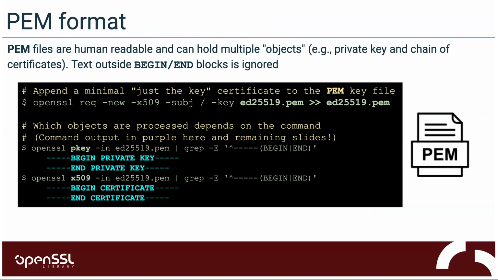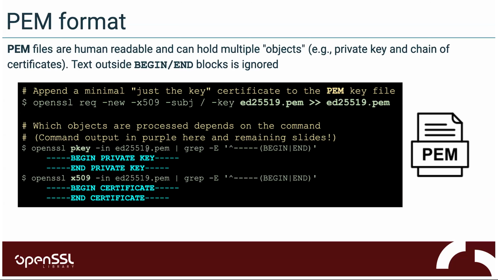In this case, the first command here, openssl req -new -x509, creates a very simple, minimal self-signed certificate. And we're using the X25519 key as the key that the certificate is wrapped around, and we're appending it to the key file. So now the key file has both the private key and the certificate all in the one file, and it's a PEM file.